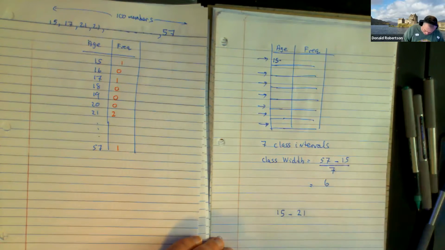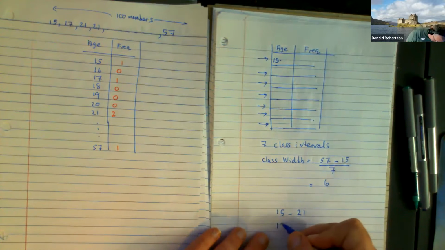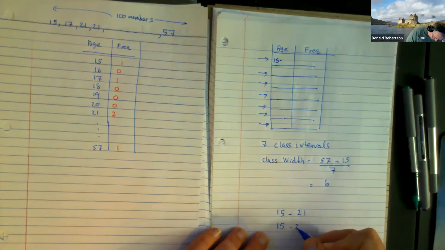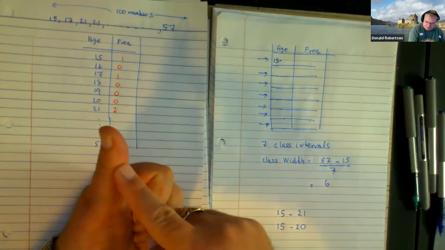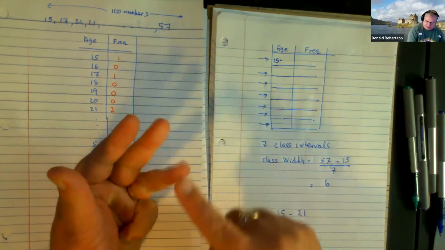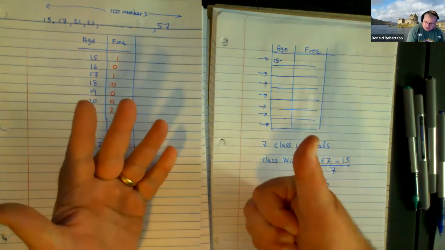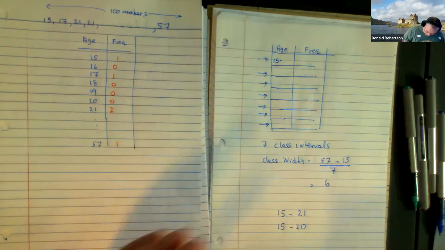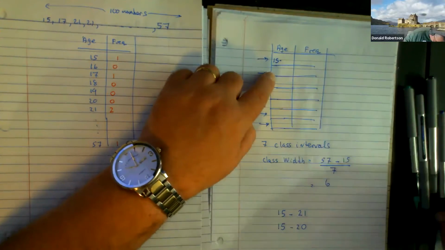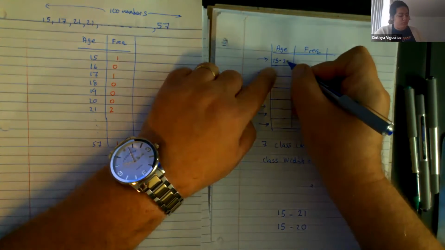So my interval should only be 15 to 20. Let's check that out. 15, 16, 17, 18, 19, 20. Would you agree there's 6 numbers in that group? So your first interval is 15 to 20.